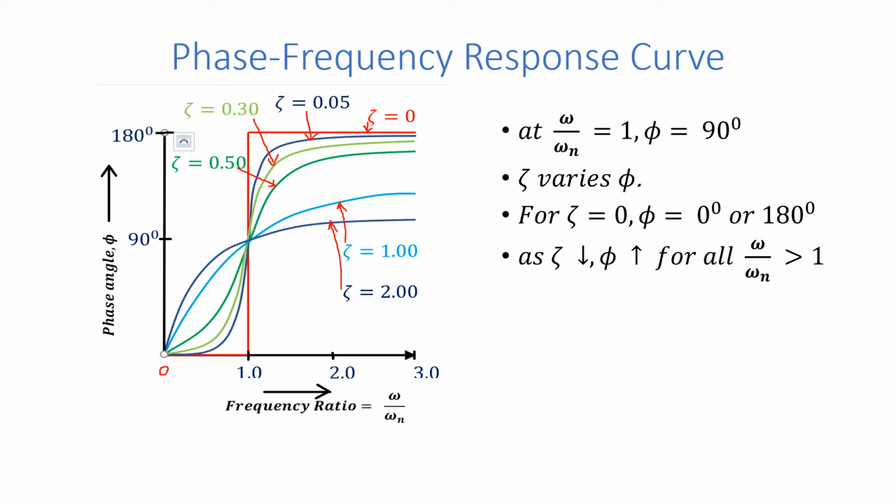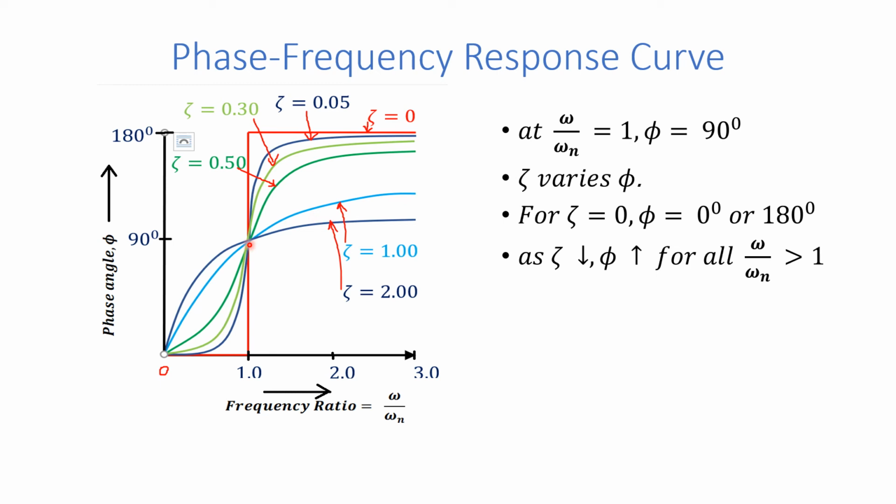What we observe is for all values of zeta at resonance, means omega is equal to omega n, phase difference is 90 degrees. You take any curve, when omega by omega n is 1, whether this curve, this curve, this curve, or this curve, phase difference is 90 degrees.